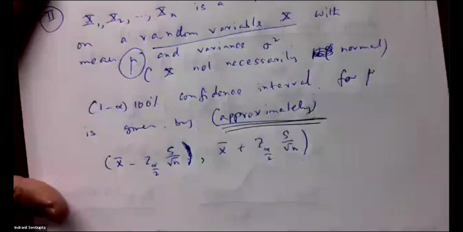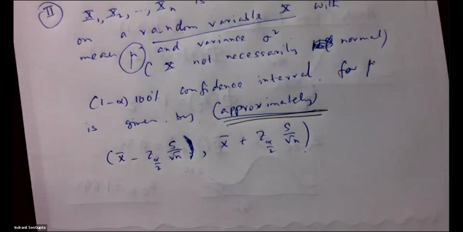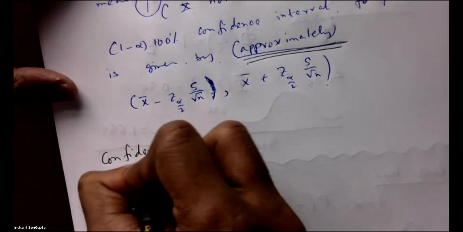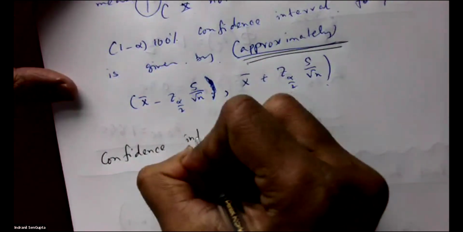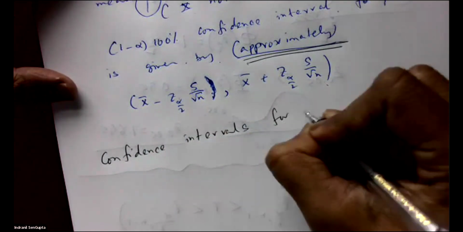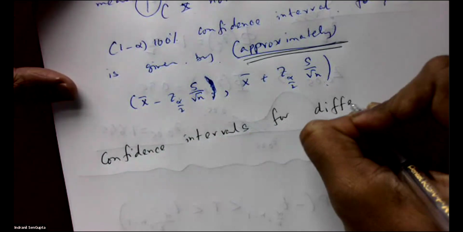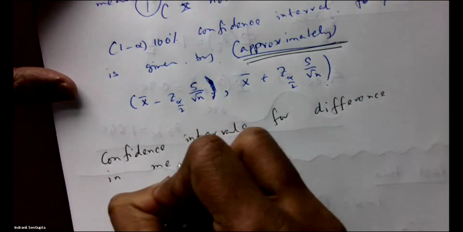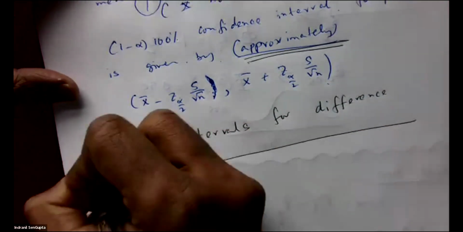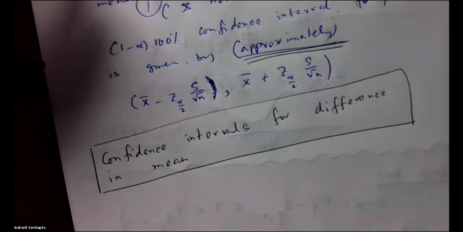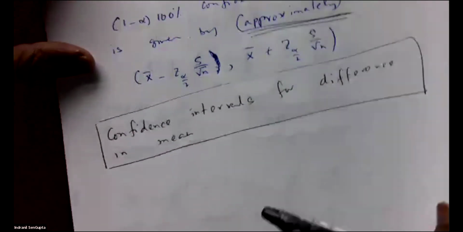Now, what we'll study today is the so-called confidence interval for the difference of means. So what is the underlying problem?